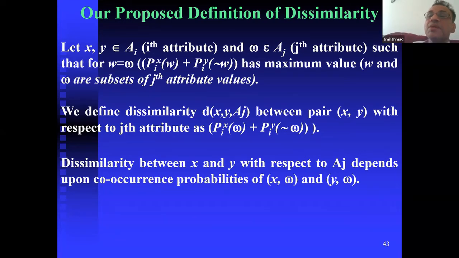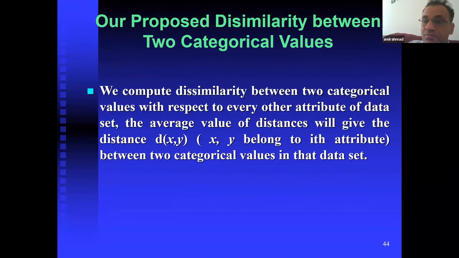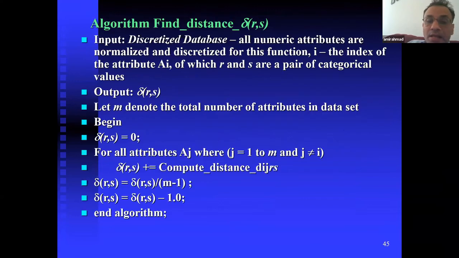So this will give me the distance for any 2 categorical attribute values. Now I have the distance between 2 attribute values from the data. So the first problem is solved. The second problem is solved, that I can compute the distance between 2 attribute values.